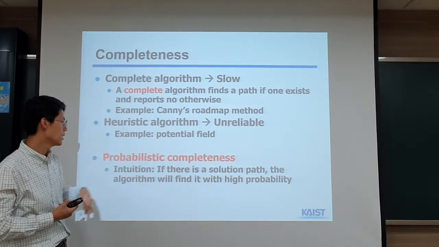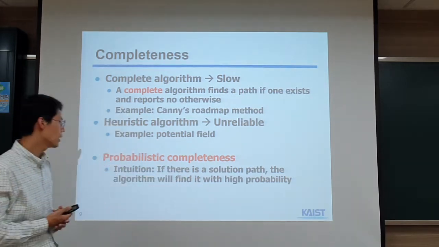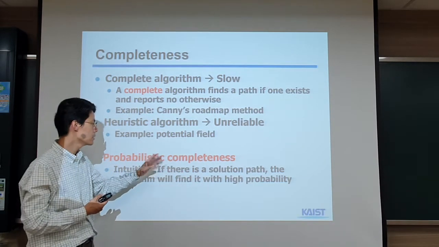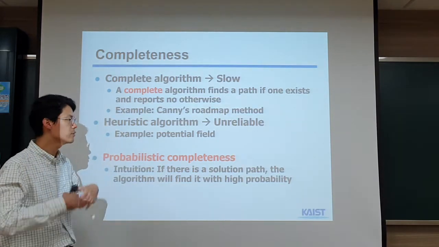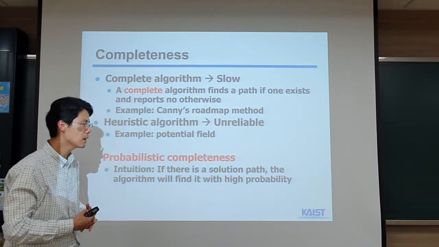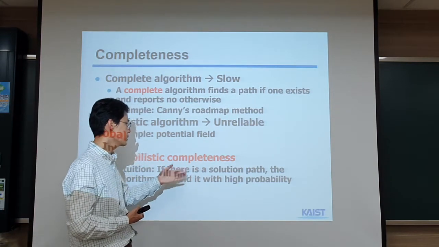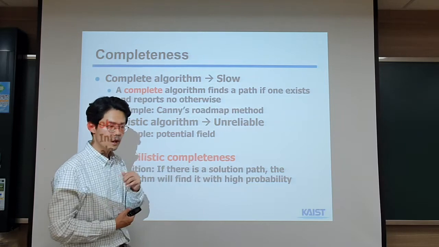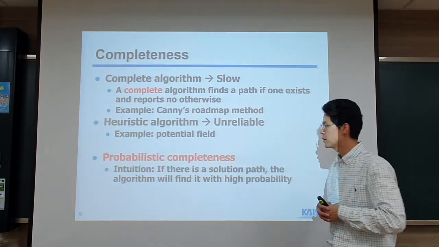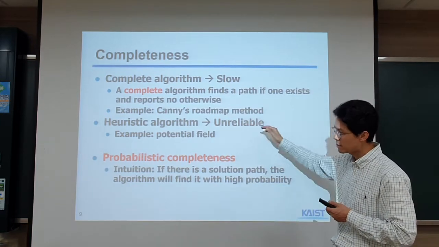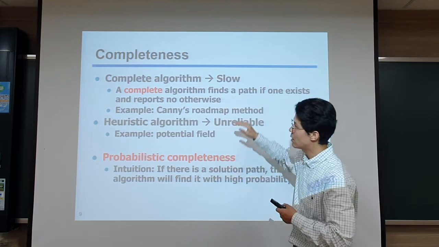Its main idea is that if there is a solution path, the algorithm will find the path with high probability. If we allocate more time, this technique increases the probability of finding the solution. In other words, with more time we get a higher probability of finding the path. That is known as probabilistic completeness.